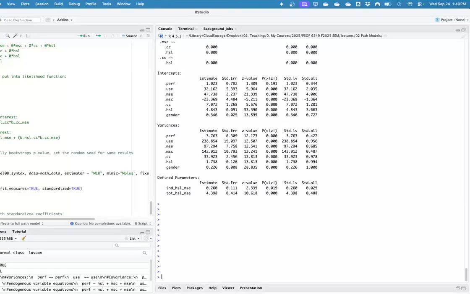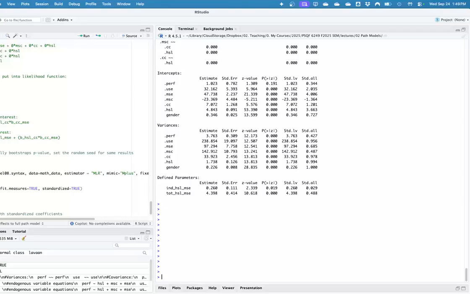That's right. And that's in unstandardized units. If we talk about standardized, we interpret it the same way. For every 1 standard deviation increase in HSL, MSE indirectly goes up by 0.029 standard deviations. So it's the same type of description.